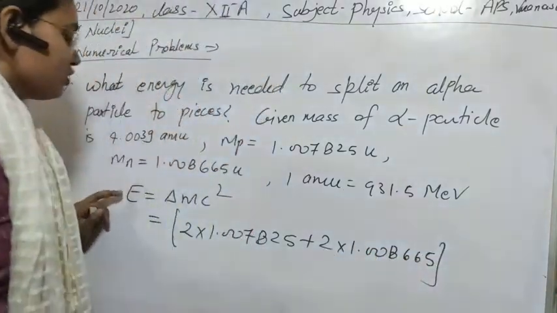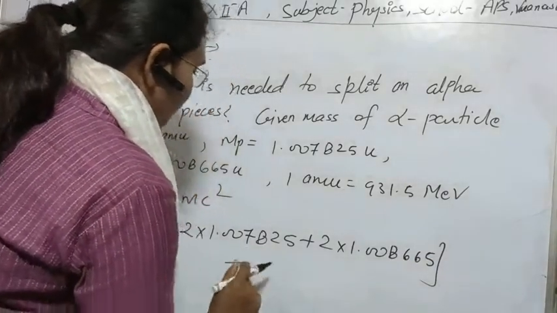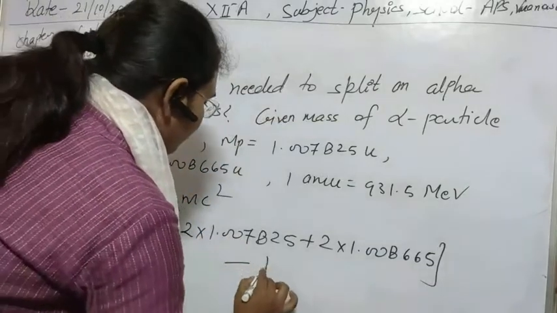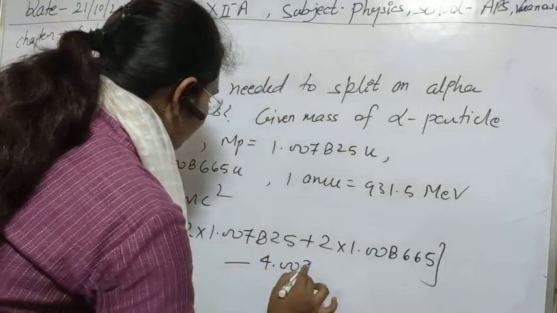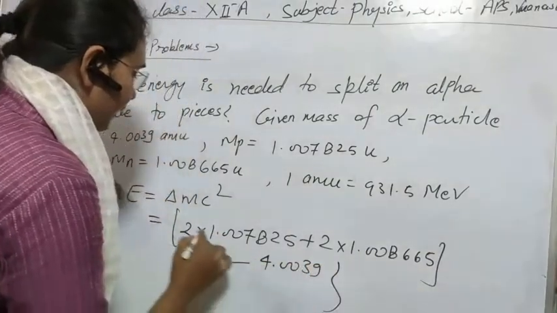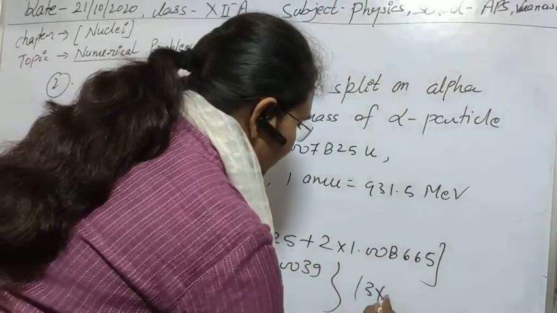So this is the mass of protons and neutrons. And now minus the given mass of the alpha particle, which is 4.0039. So this is Δm totally.